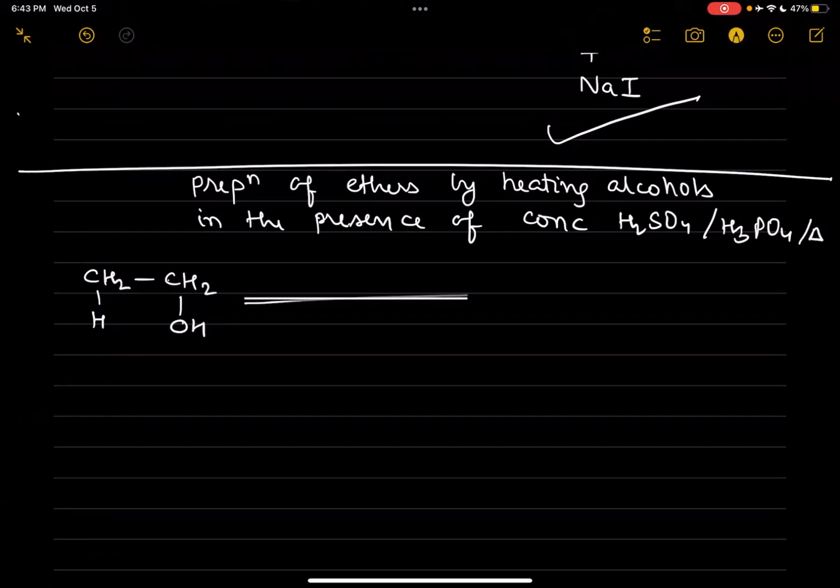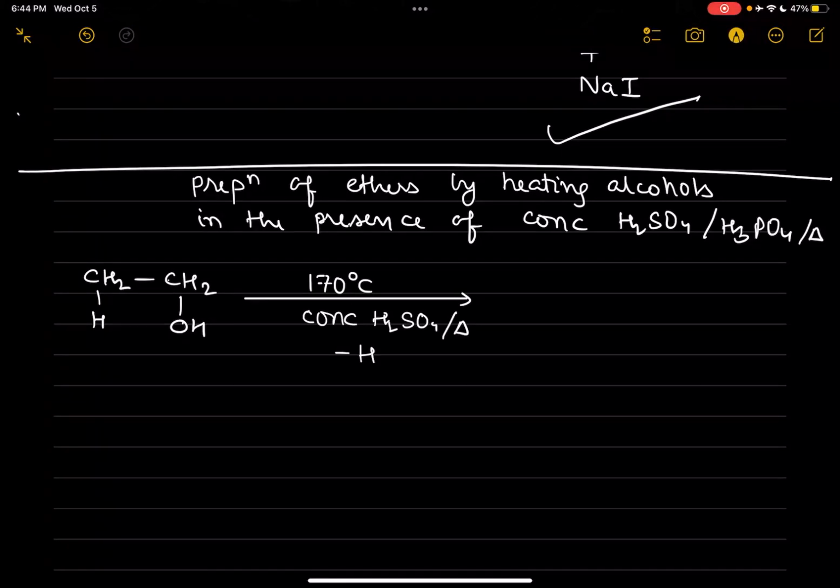When we took the temperature 170 degrees Celsius with conc H2SO4 and heat, water gets eliminated.